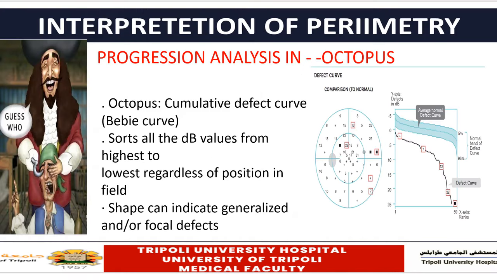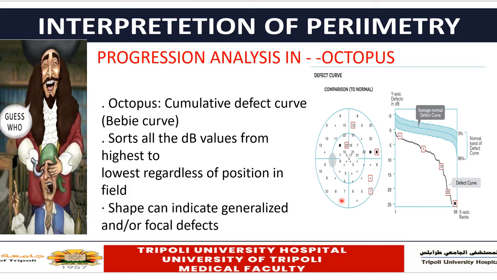Among the unique features of the octopus perimetry is the defective curve, or cumulative defective curve, or the PP curve. This curve is simple to read, and it's basically based on the comparison chart in the octopus, or in Humphrey terminology, the total deviation chart.